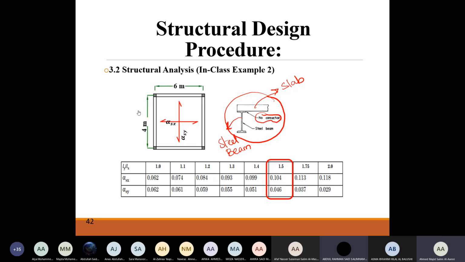They are connected. True? Okay. Now what I have kept for you: I put the steel beam, and then I just placed the slab above it. Is there any connection now between them? No connection.